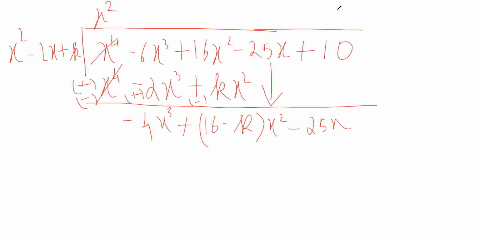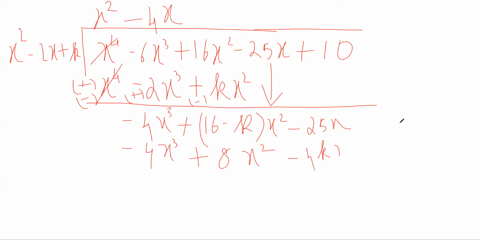Now we'll move on to the next step. It's going to be minus 4x cube, and plus 8x square, and then minus 4kx.